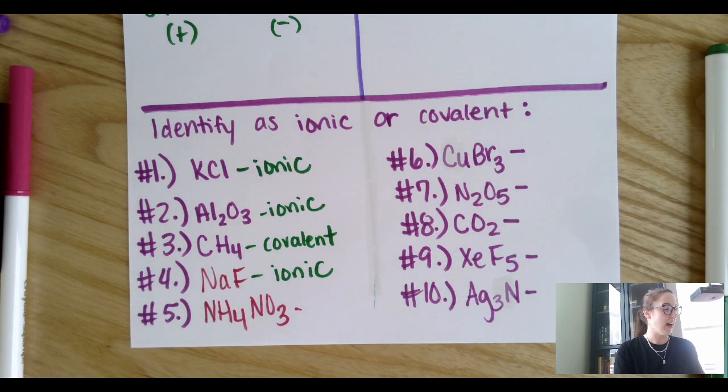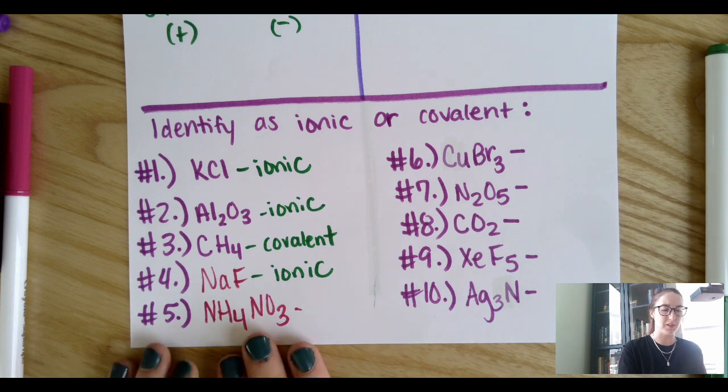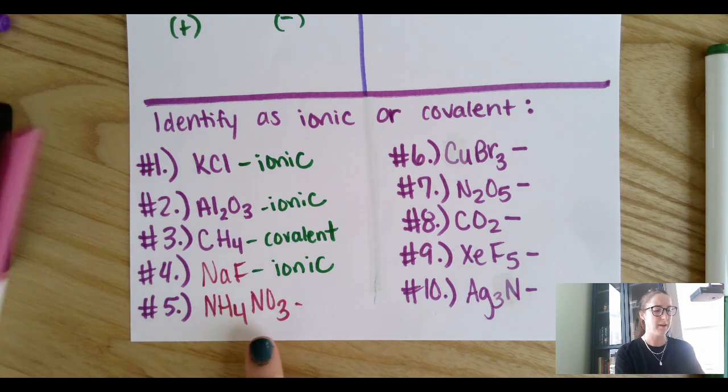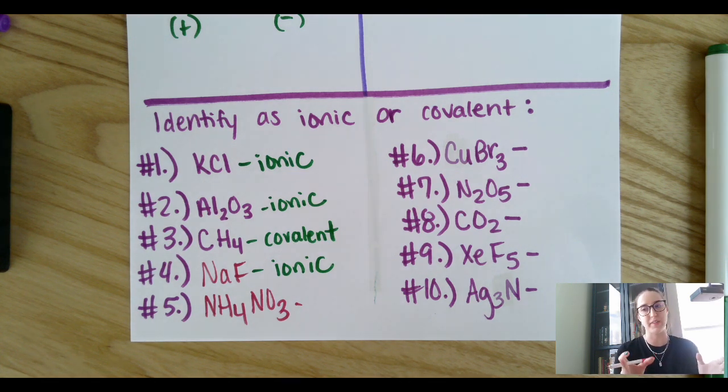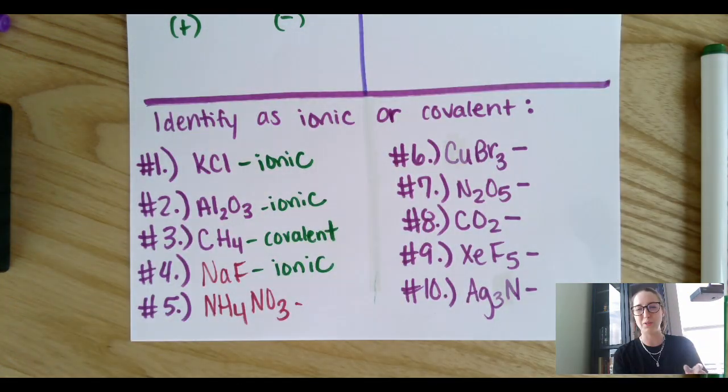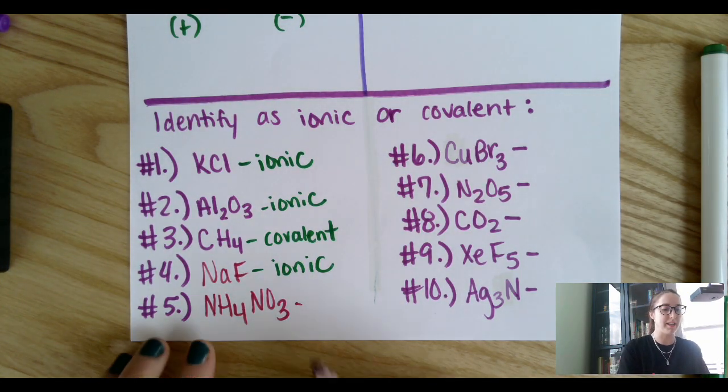Moving on to number five. This one leveled up a little bit because there are way more capital letters here, which means that there are polyatomics present. Poly means many, atomic means atom. There are actually two polyatomics here, so we have multiple elements existing here. I can't just look at the first element and figure out what it is, because N would be my first element, and N is a nonmetal, which would mean I would pick covalent, but that's not what's happening here.